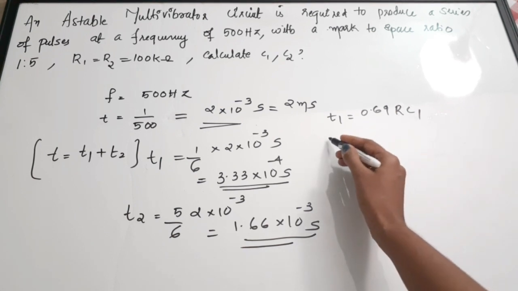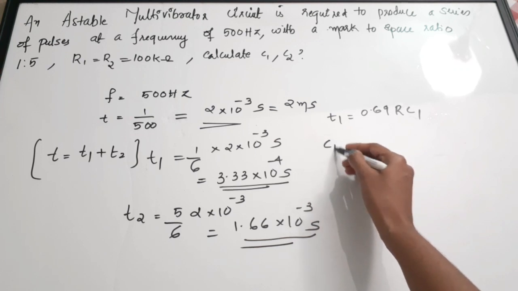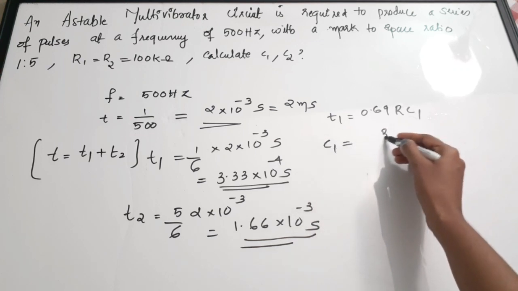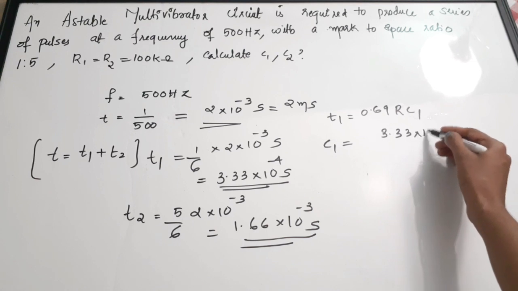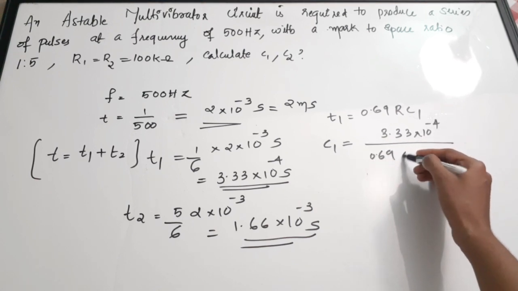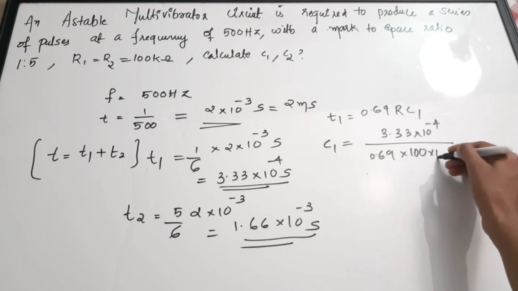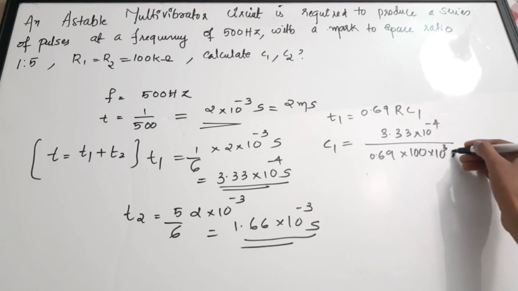So T1, you just cross multiply and find C1 is equal to T1, which is 3.33 into 10 raised to minus 4, by 0.69 into R, which is 100K, that is 100 into 10 raised to 3.